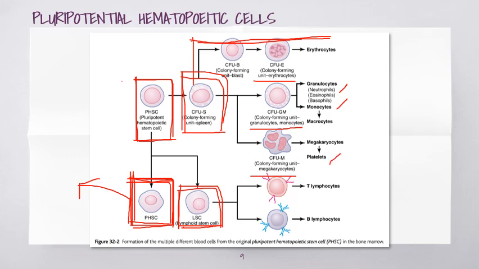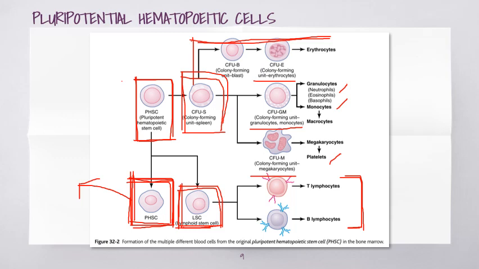On the other side of the committed cell is our lymphoid stem cell, wherein we will see our beloved lymphocytes. Okay, as you notice in the diagram, there is a separate committed mother cell for the lymphocytes and all of the other blood cells in the blood.